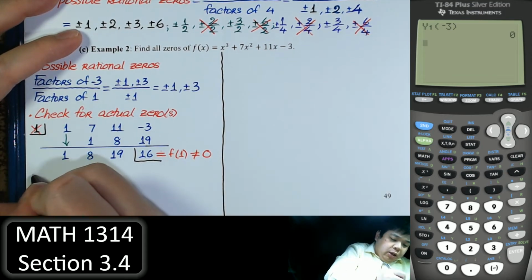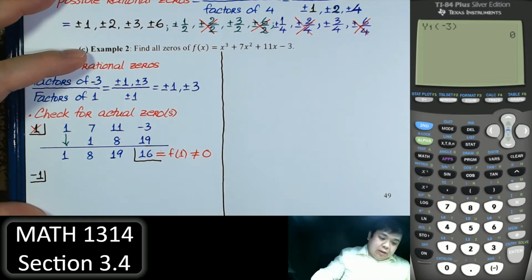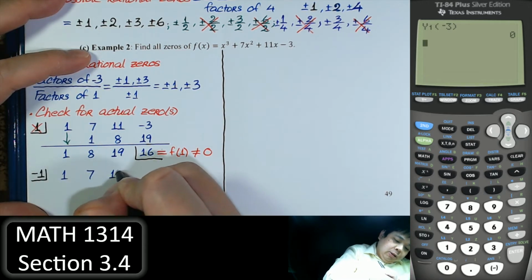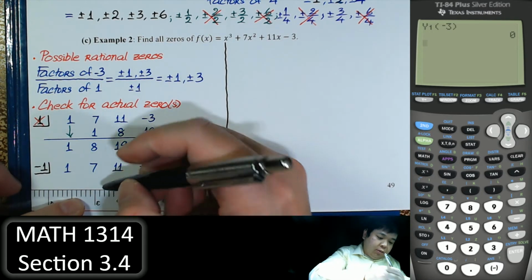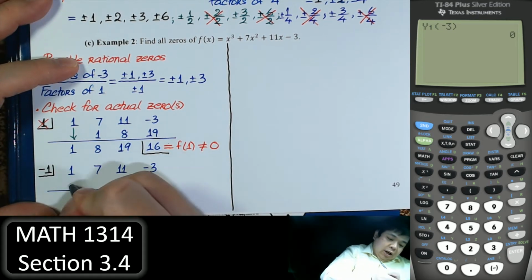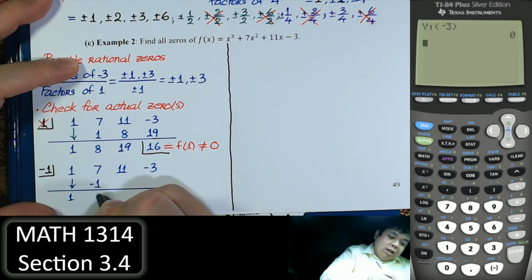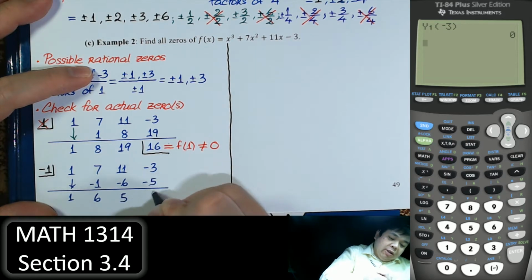So we go to -1. Drop down 1, -1, 7 minus 1 is 6, -1 times 6 is -6, 11 minus 6 is 5, -5, so it gives us -8.